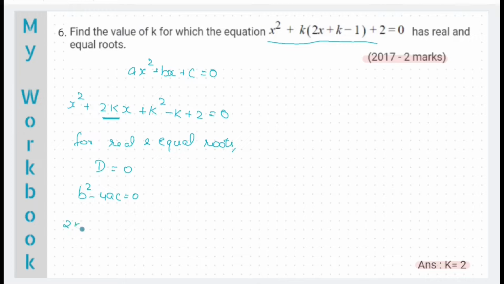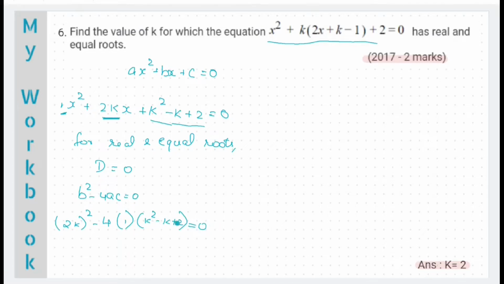So (2k) the whole square minus 4 into a, the coefficient of x square, which is 1, into c, the constant, which is the entire term k square minus k plus 2. This discriminant should be equal to 0.